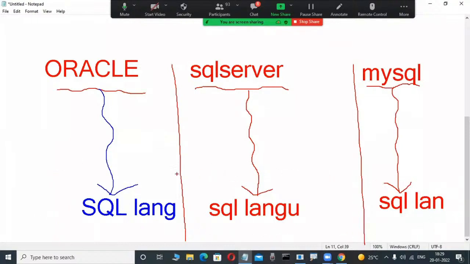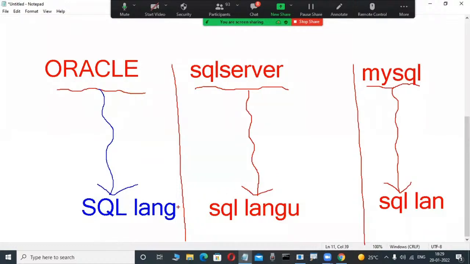But are these SQL languages same or different? Only one answer is correct.